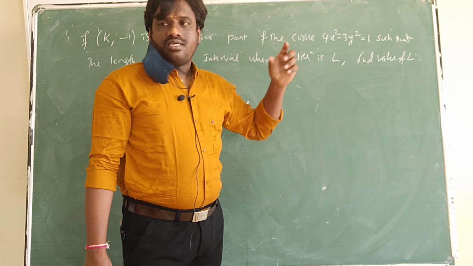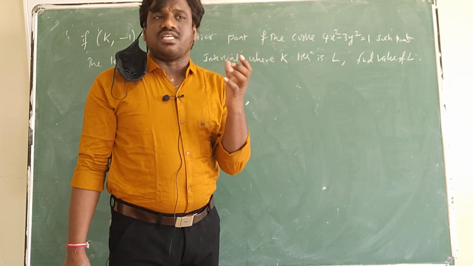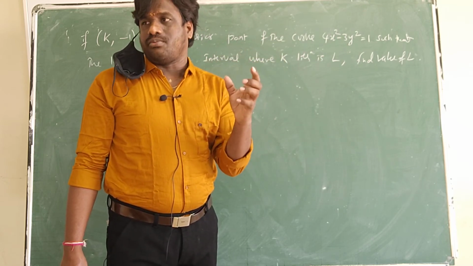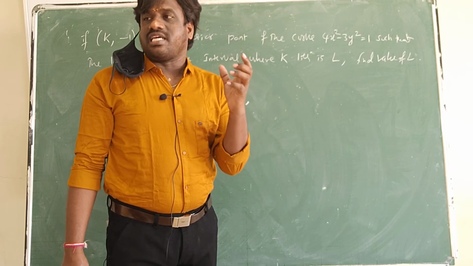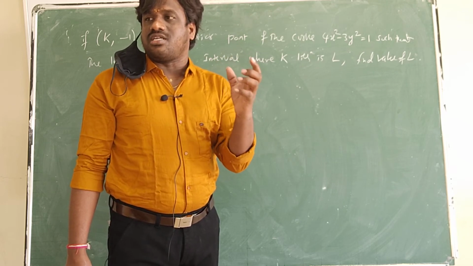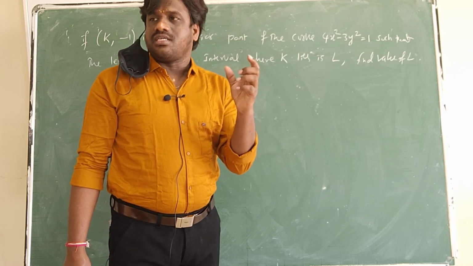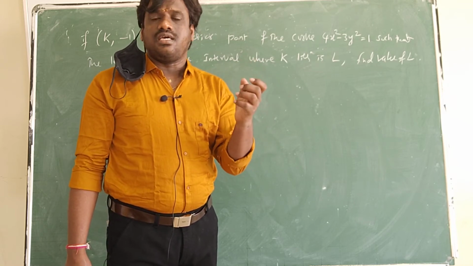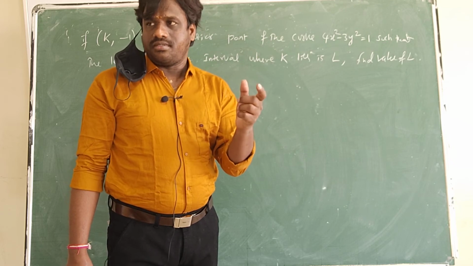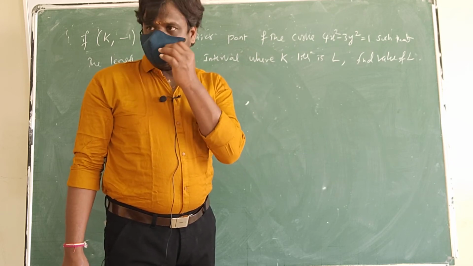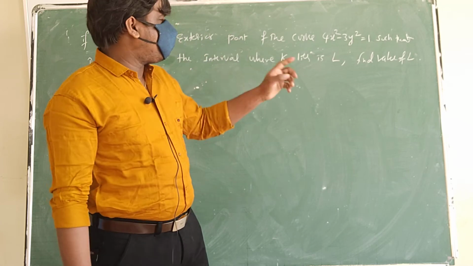If you are getting the difference of two things as a constant, that is a hyperbola. If you are getting the sum of two things as a constant, then it is an ellipse.